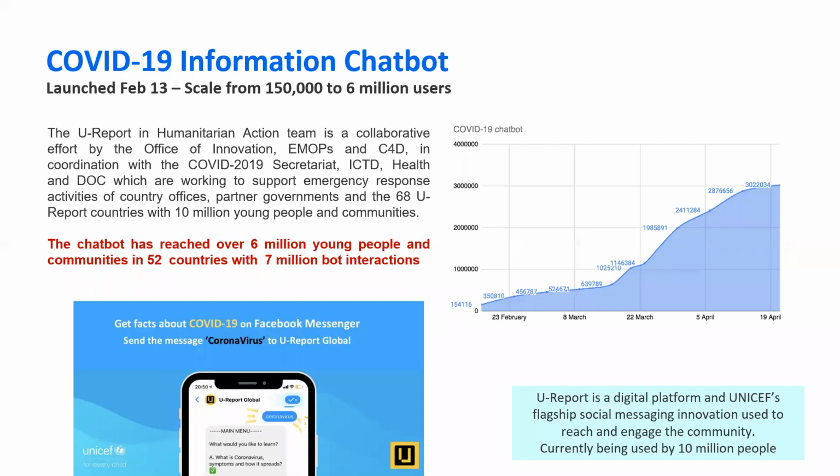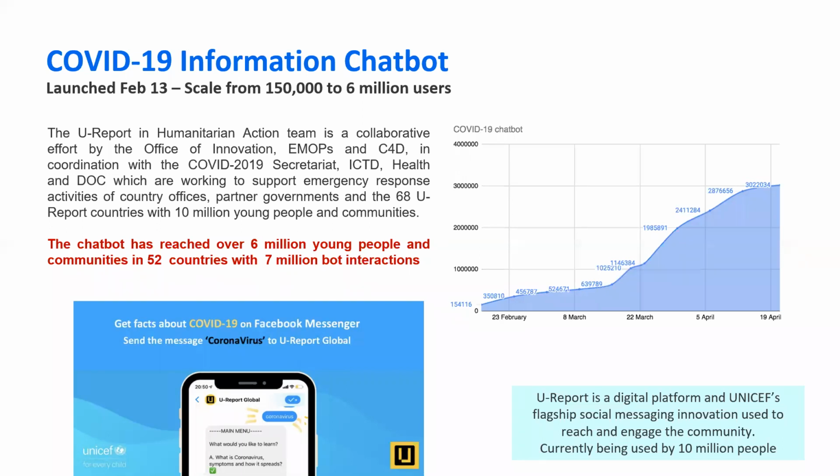So what does that mean? From February to where we are right now, we pulled out WHO public health messaging from earlier this year, and in collaboration with our Communication for Development team, our emergency team, and the AAP framework, and looking cross-sectorally across the organization, we developed a COVID-19 information chatbot.